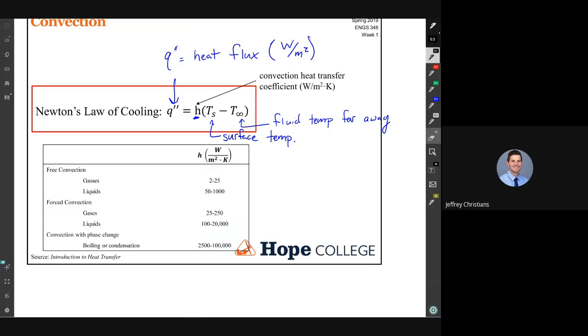If instead you had the air at 20 degrees and the pancake griddle at 110, as long as your convection coefficient is the same, the heat transfer just got cut in half. So it's directly proportional to the difference in temperature.